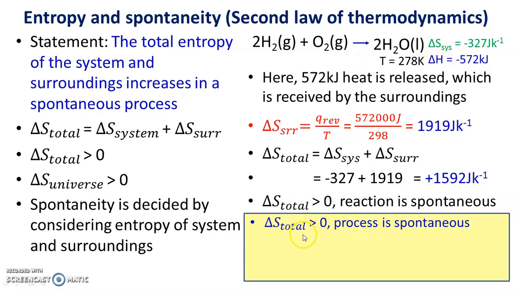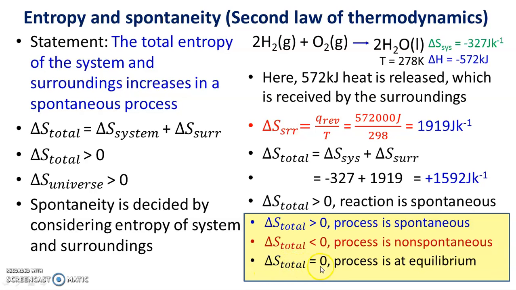Accordingly, we need to consider three conditions. If delta S total is greater than 0, the process is spontaneous. If delta S total is less than 0, the process is non-spontaneous. And if delta S total is 0, the process is at equilibrium. So these are the three conditions.